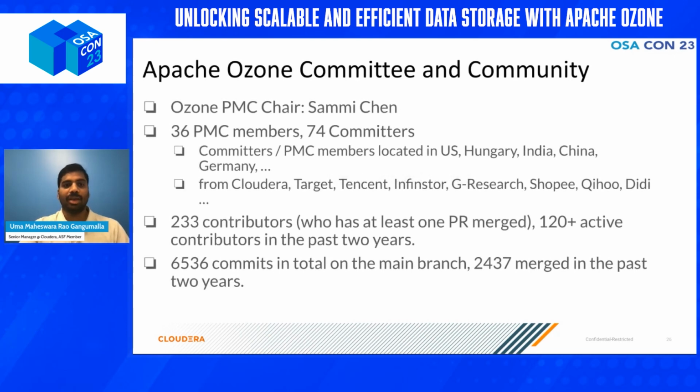In a quick summary, our current project chair is Sammichen, and we have 36 PMC members and 74 committers, located all over. There are many companies involved. The committers come from a diverse set of companies, and there are 200 plus contributors and 6,500 plus commits in total.